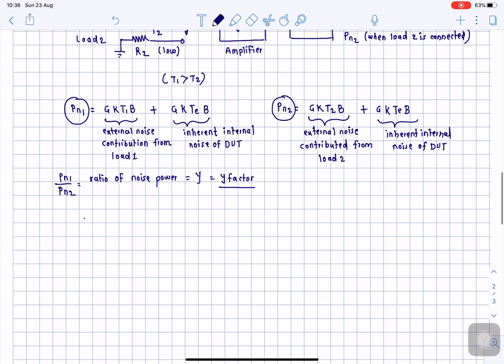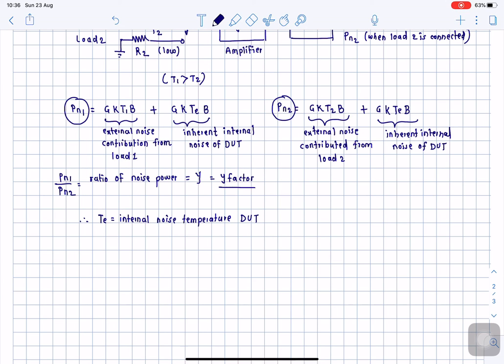So here Te is the internal noise temperature of the device under test. So how can this be written in terms of these two powers?